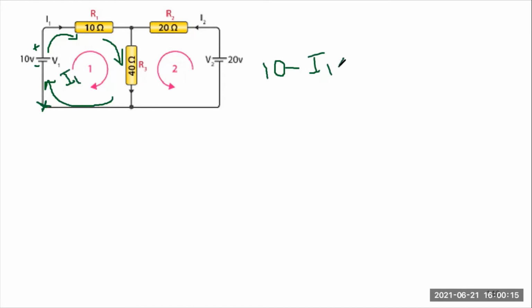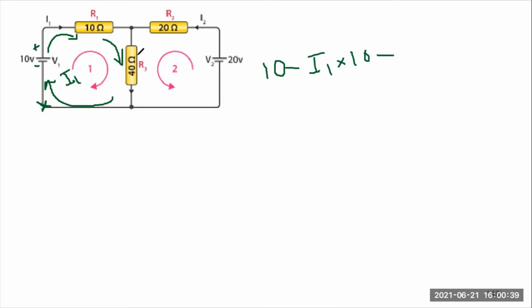Minus I1 into 10. Here you can see that I1 and I2 are the two currents flowing through the particular 40 ohm resistor. 40 ohm is a common branch which is applicable for loop 1 and loop 2.